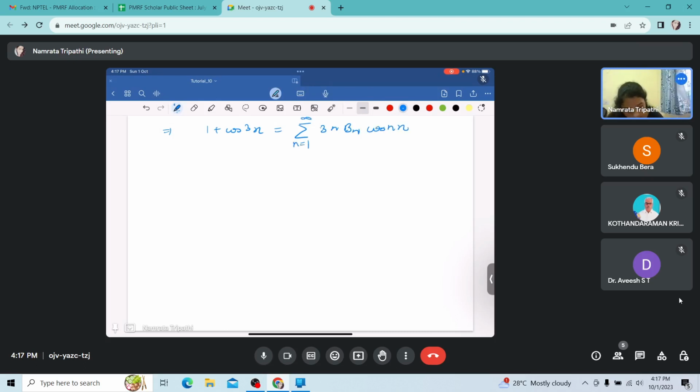Fine. So what will be the value of bn? Integration from 0 to L, meaning pi, of 1 plus cos cube of x into cos of nx dx upon integral of cos square nx dx, and here 1 upon 3n.